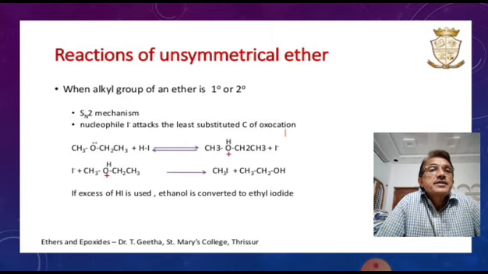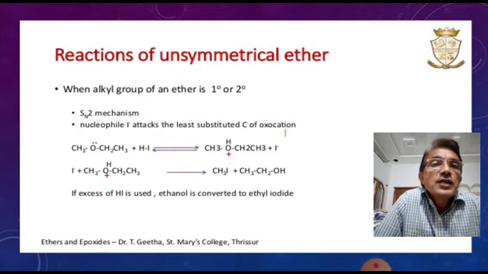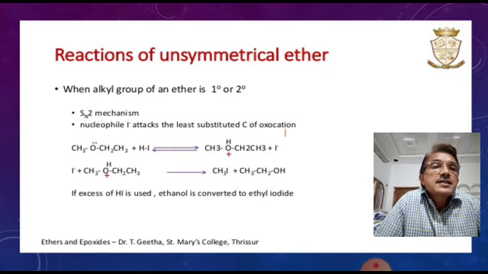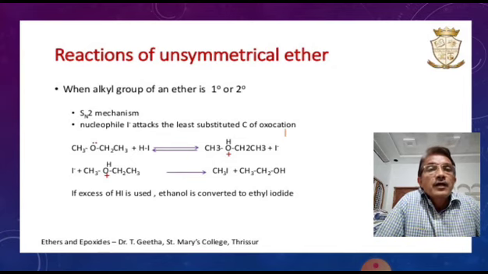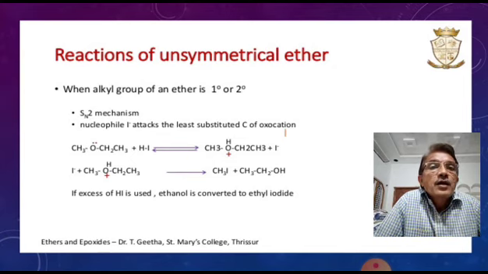Reactions of unsymmetrical ethers. When the alkyl group of an ether is primary or secondary, it follows the SN2 mechanism. The nucleophile attacks the least substituted carbon of the oxonium ion. Look at the equation.